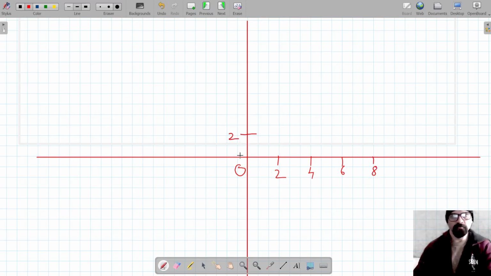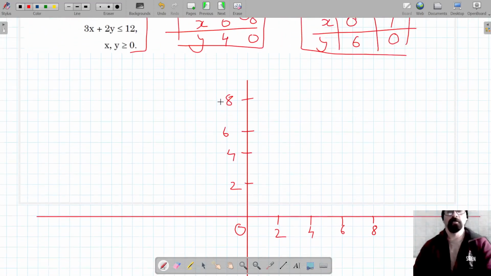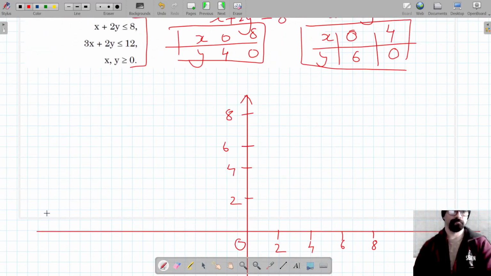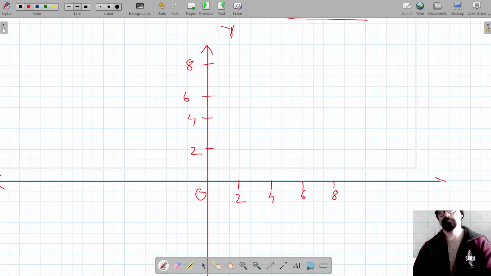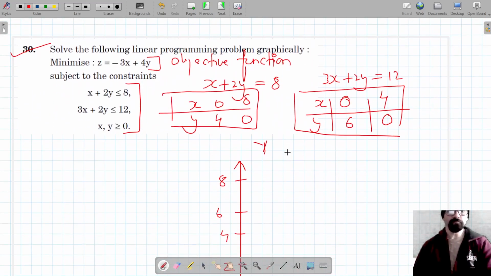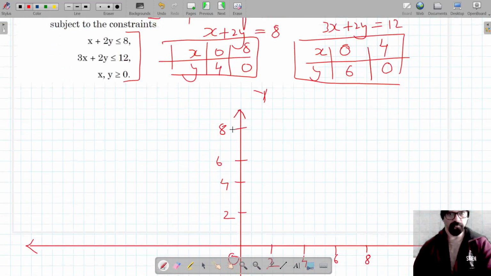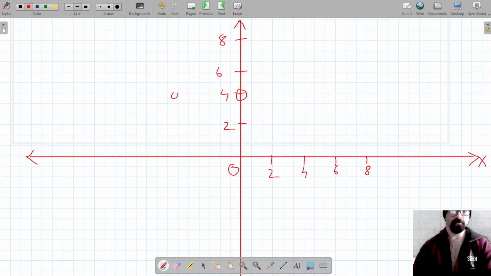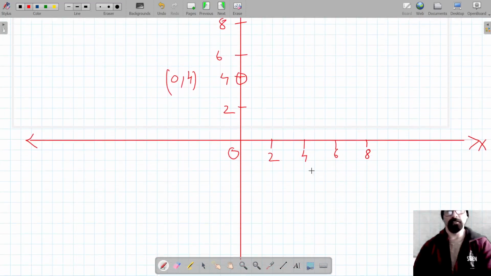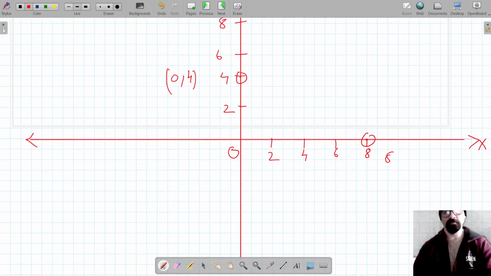Similarly here it's 2, this is 4, 6, and 8. Okay, for the first one, our points are 0, 4, and the second one is 8, 0. So this is 8, 0, and let's join them.